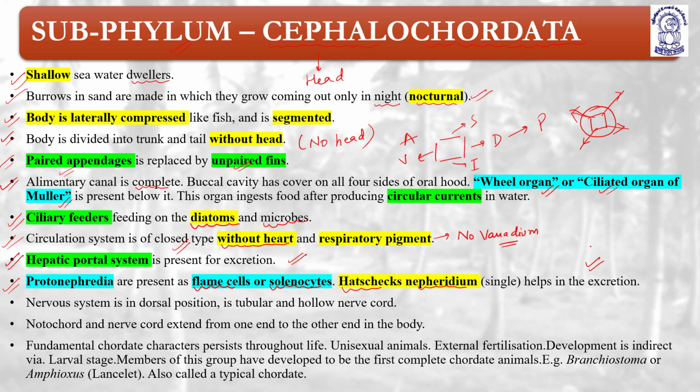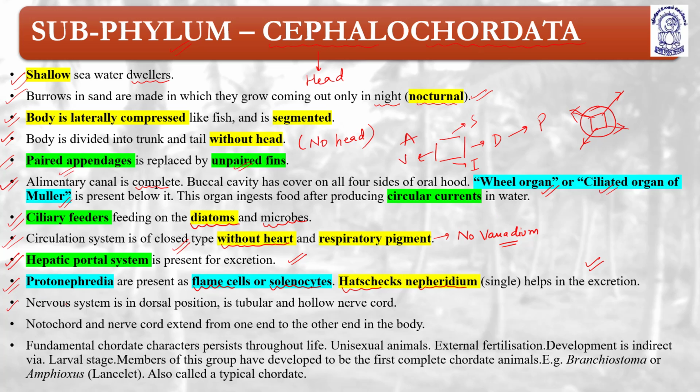Here they have protonephridia, also known as flame cells or solenocytes, and Hatschek's nephridium, a single nephridium as a single unit, which is meant for excretion.